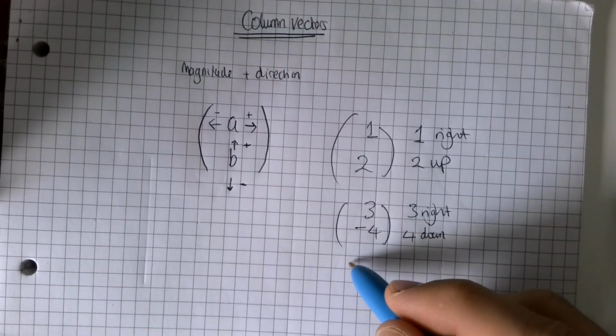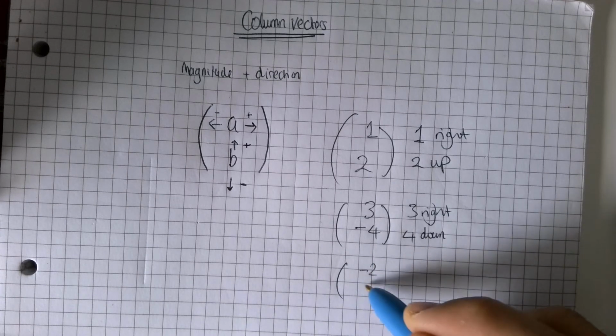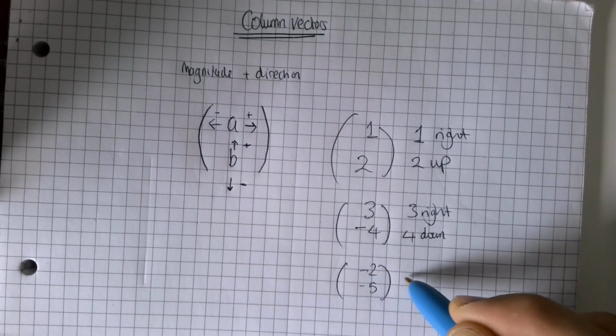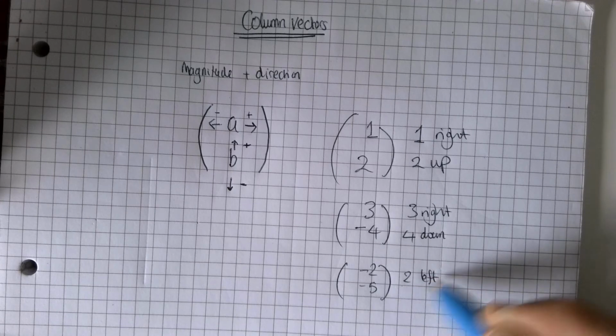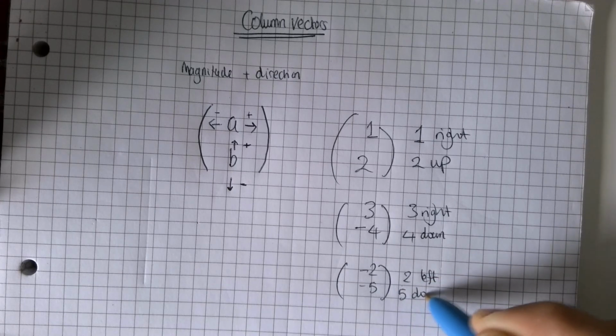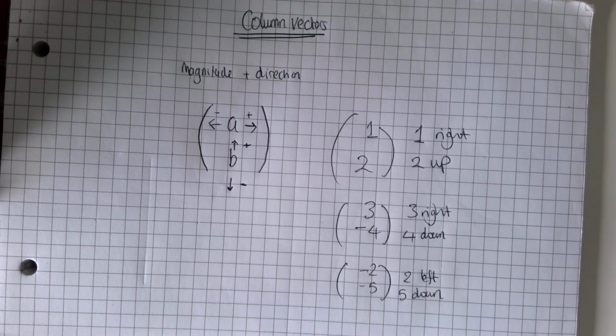And finally, if I had minus 2, minus 5, I'd be moving 2 left and 5 down. Okay, so it just describes a movement. It's just a shorthand for saying I'm moving 1 right and 2 up.